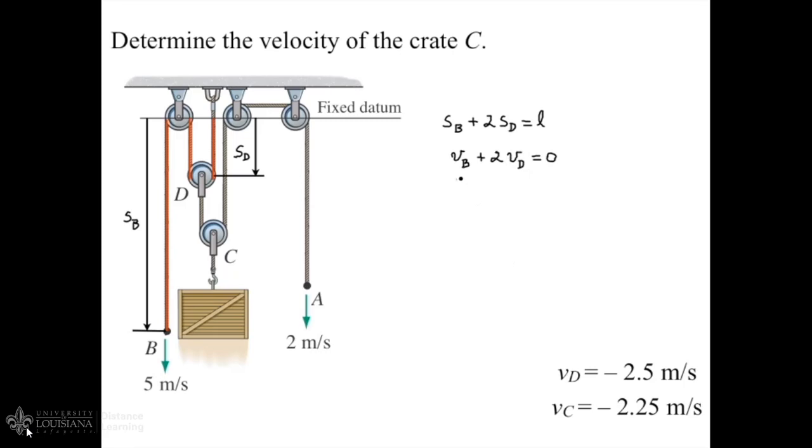If I substitute V sub B equaling 5 meters per second into here, I can get V sub D. It turns out to be minus 2.5 meters per second. That means that this point is moving upward.